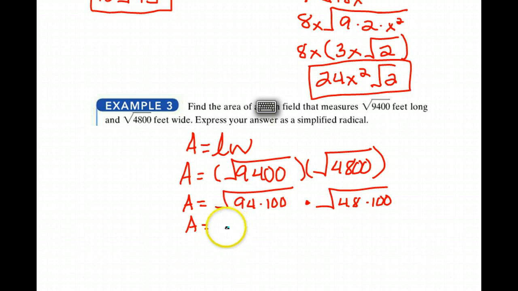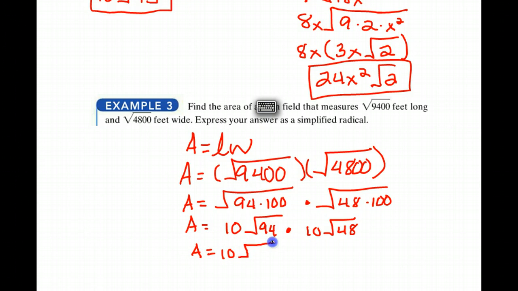Right off the bat, we can evaluate that square root and we get 10 times root 94 and 10 times root 48. From here, you might look at that and say, well, 48 has a factor. Oh, I wrote 48 as I was saying it. Let me get that out of there real quick. 48 has a factor as well that will break into a perfect square.